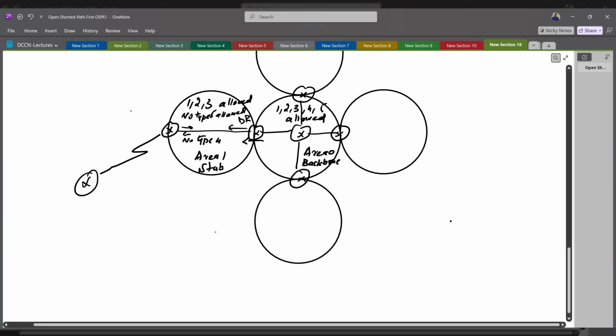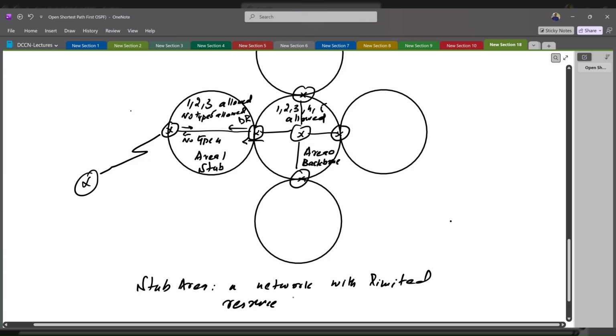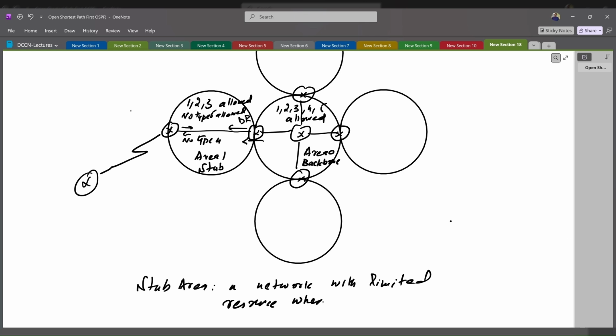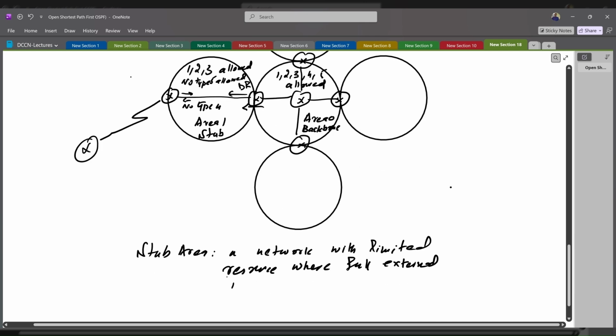So, the use case which can represent a stub area is a network with limited resources where full external routing is unnecessary.